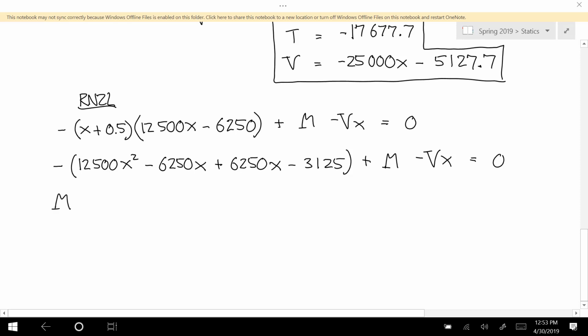So m is equal to positive 12,500x squared. The middle two terms cancel out. Minus 3,125 plus vx.